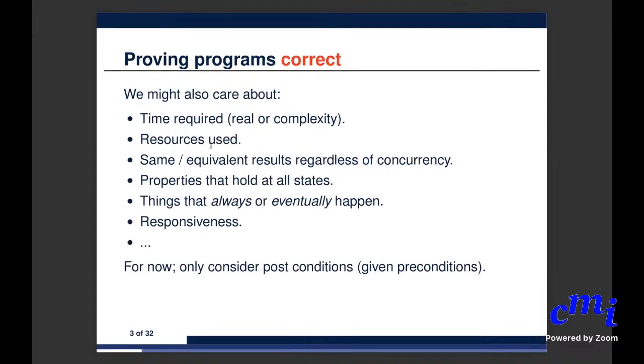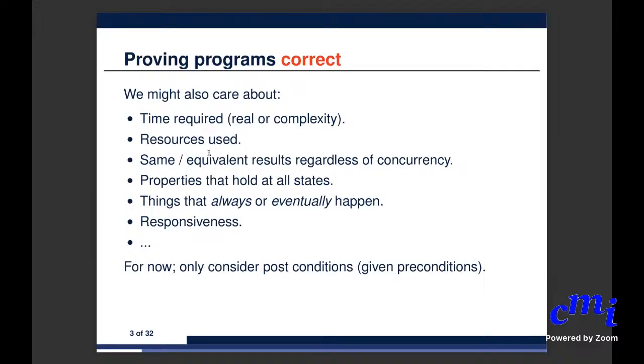There are lots of other kinds of behavior that you might want to ensure. For example, what is the worst case time that it uses? What kind of resources does it use, and are the time and resources within the expected bounds?